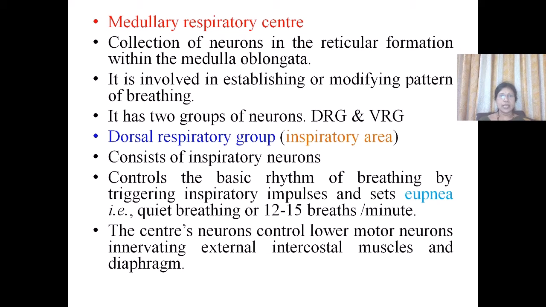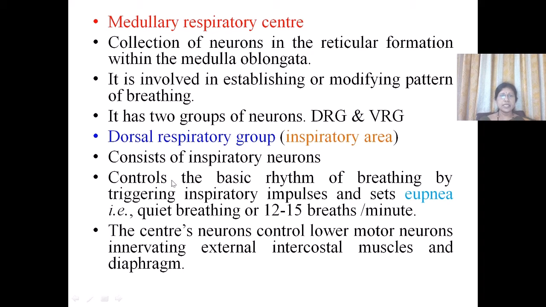This center has two groups of neurons, namely DRG and VRG. DRG stands for dorsal respiratory group. This dorsal respiratory group was formerly called the inspiratory area. It consists of inspiratory neurons bilaterally in the medulla.